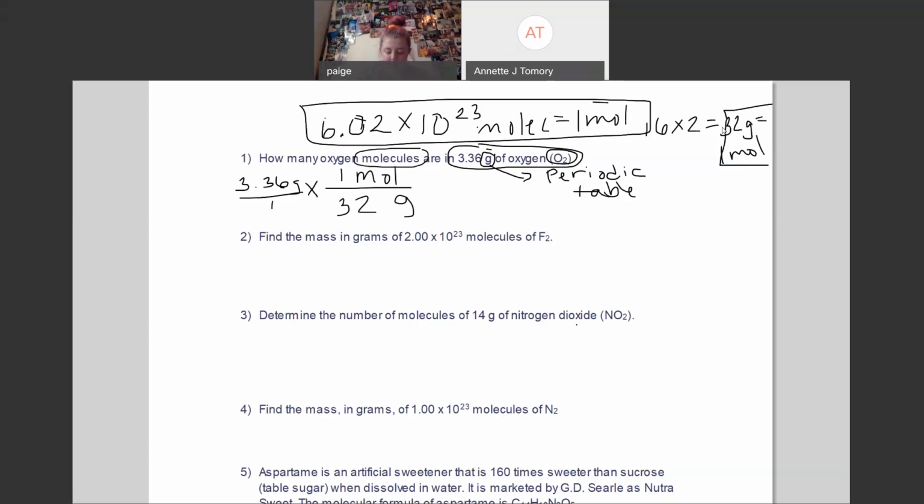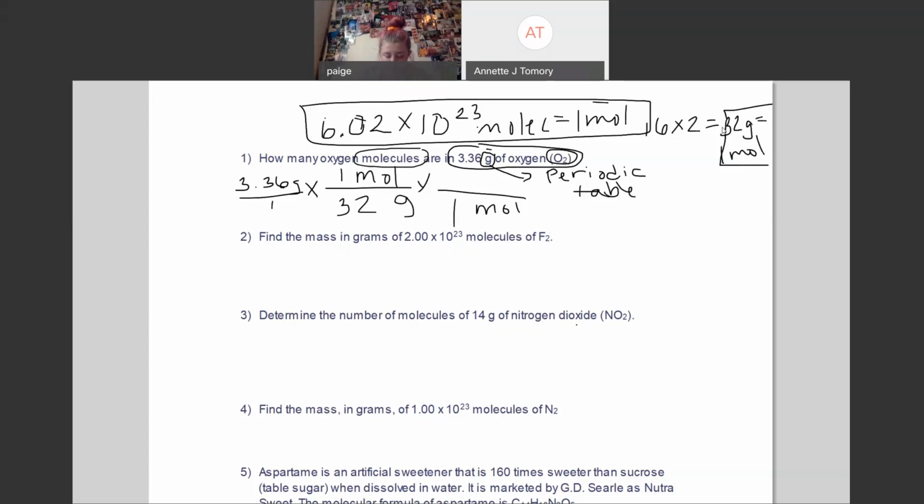Okay, so are we at molecules yet? No, that means I need another line. So I have moles on top. What do I put on the bottom of the next one? Mole. How many? What number always goes with moles? 1.